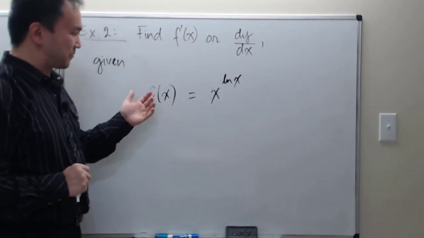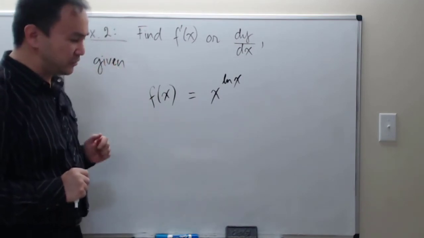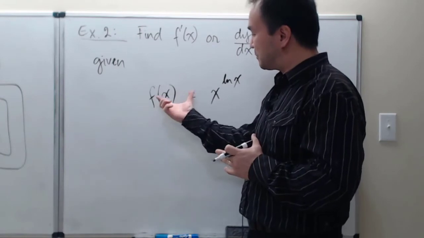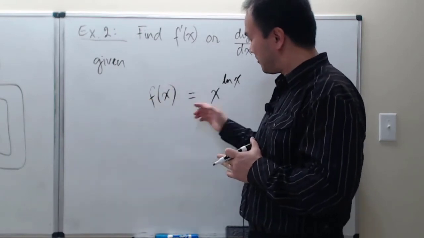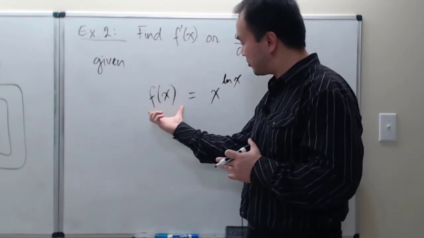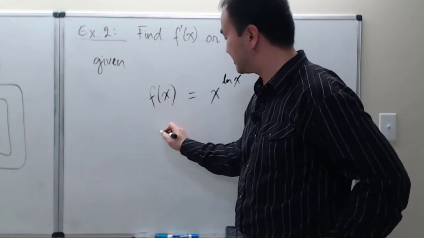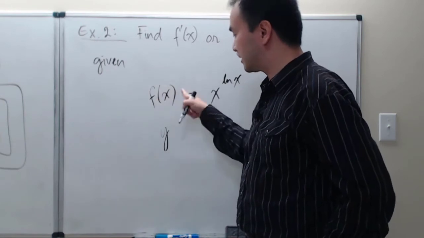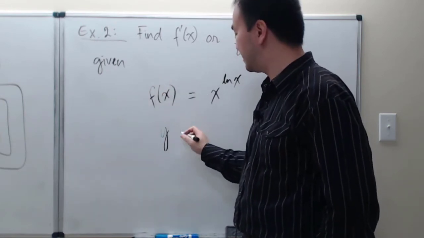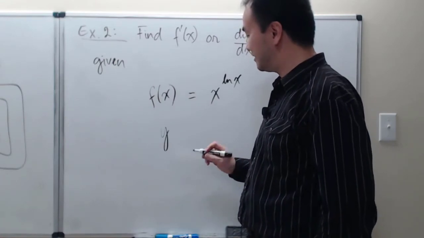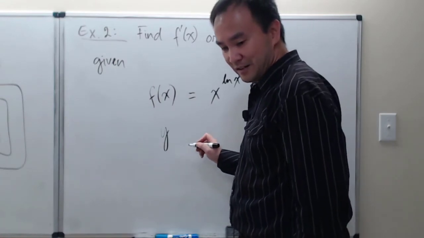When you are attempting logarithmic differentiation, before you even proceed, you see our function this time is written in functional notation. It is highly recommended that you simply write your functional notation on the left-hand side as a variable y, just like in the earlier example.